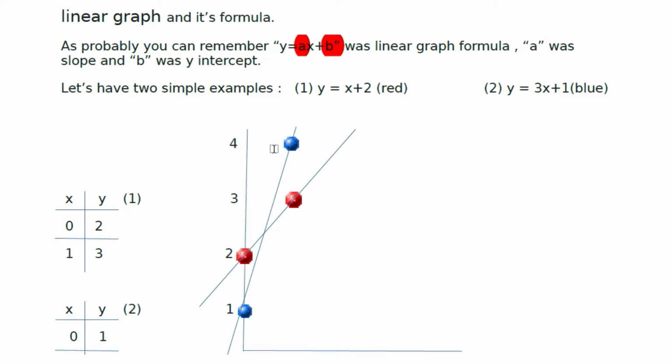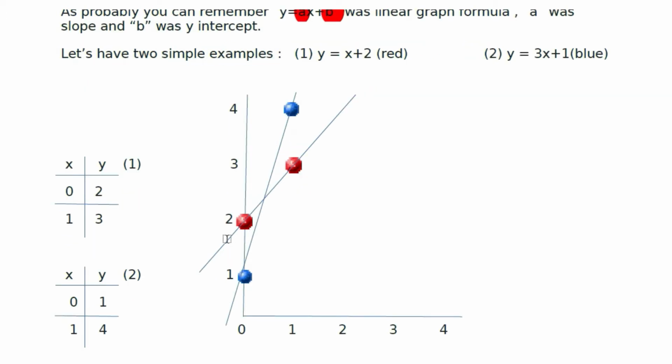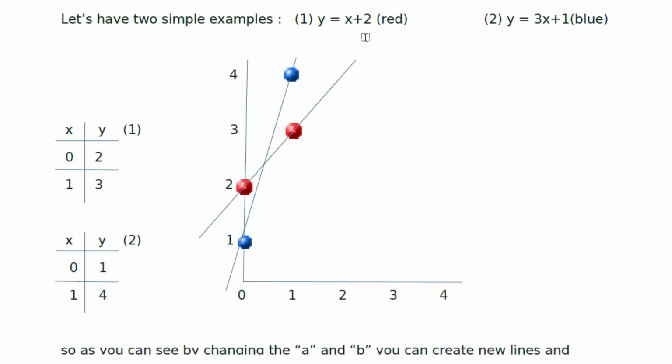And as you can see, you have two lines. This belongs to red one and this belongs to blue one. Therefore, you can create some lines by changing A's and B's. So you can create too many lines. There's no limit. So how can we find the best line with the least cost function?